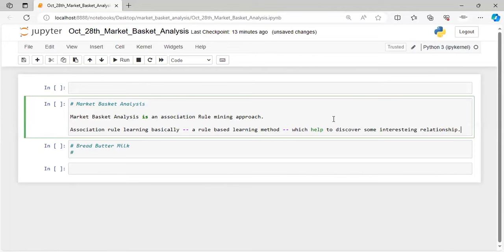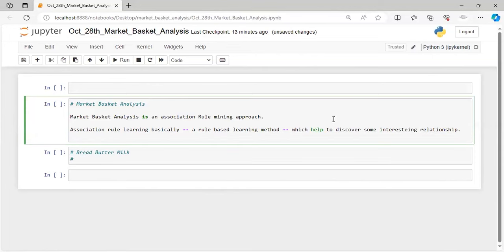So many times we miss that kind of relationship, but with the help of market basket analysis, association rule mining, we can find some degree of importance. You can understand some parameters are associated, like support, confidence, lift, that also we'll see.